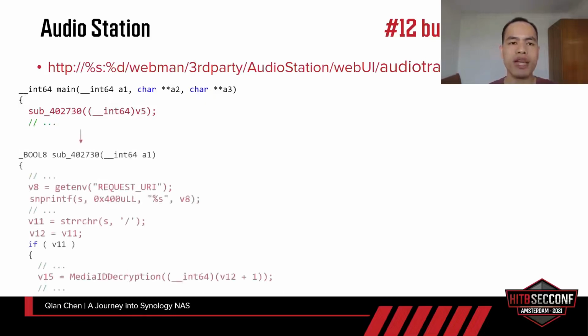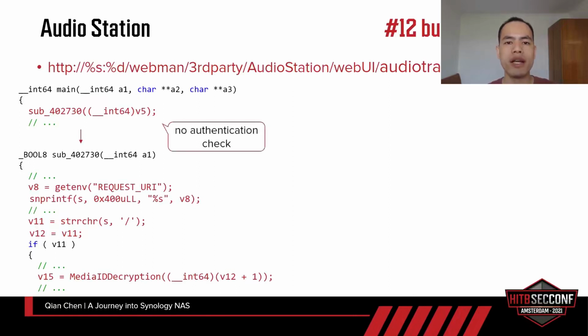In function sub_402730, it will get the last part in the URL path and pass it into function media_id_decryption. It's worth mentioning that there is no authentication in this routine.